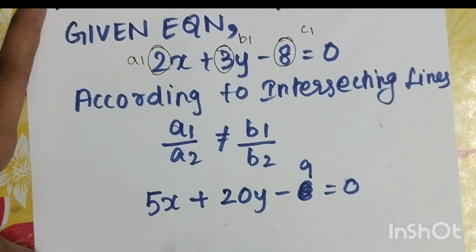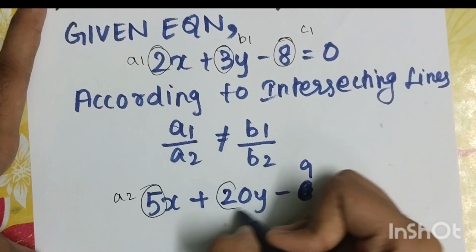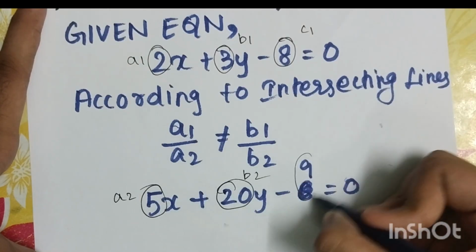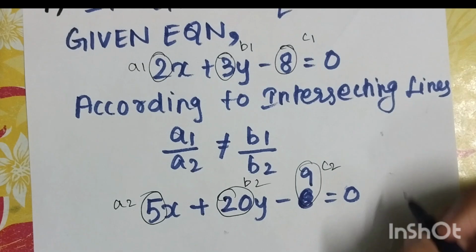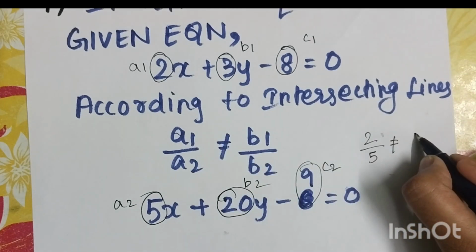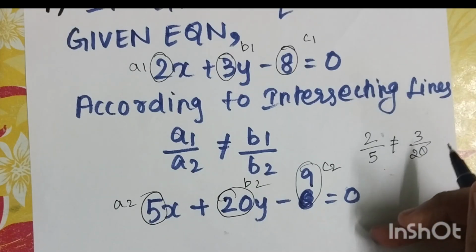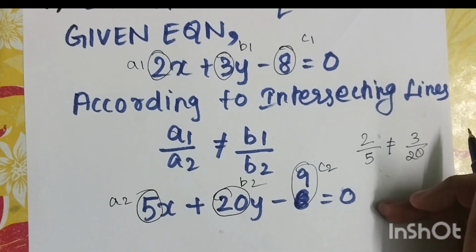So here this is my a2, b2, c2. Here 2 by 5 is not equal to 3 by 20. So therefore it is an intersecting line.